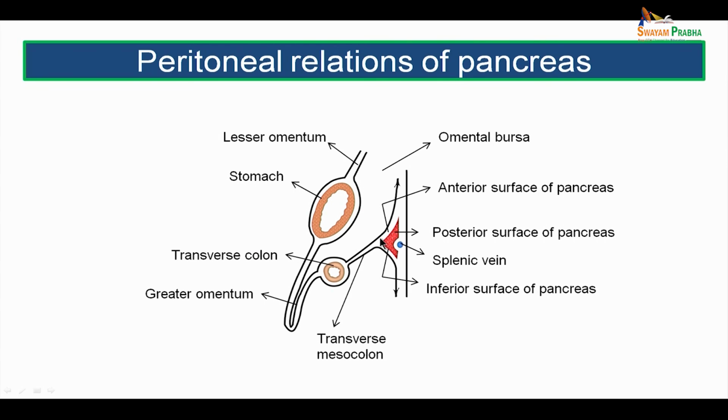Thus, the antero-superior surface of pancreas is separated by the peritoneum of the lesser sac, while the antero-inferior surface of pancreas is covered by the peritoneum of the greater sac. So, the major portion of the pancreas is retroperitoneal, only its antero-superior and antero-inferior surfaces are covered by peritoneum of the lesser sac and greater sac respectively.